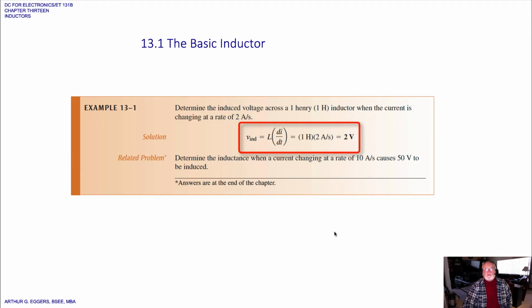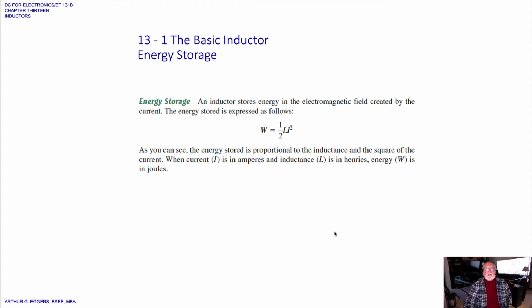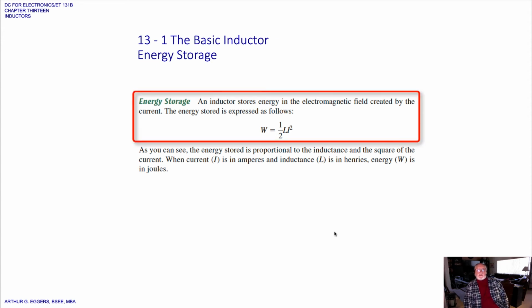So as I said, the basic inductor, like the capacitor, is an energy storage device. An inductor stores energy in the electromagnetic field created by that change of current. The relationship here for energy, W is our symbol for energy, is equal to 1/2 times the inductance times the current squared.